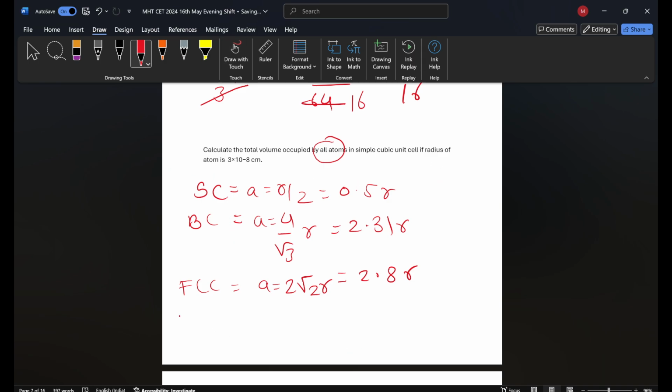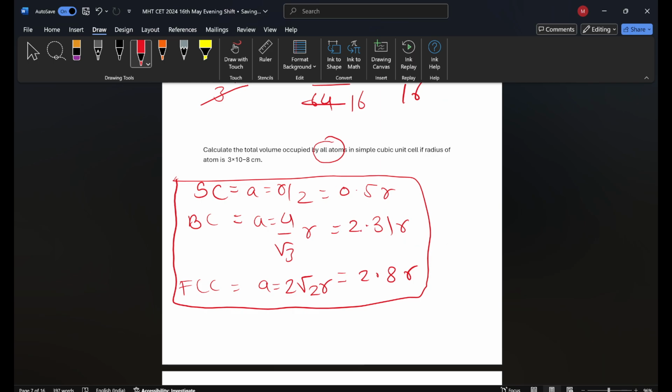I just made this and it helped me in many way. So I'll keep this here, I'll not erase it, so that you can remember it is 2.31 and it is 2.8. My handwriting is way too bad, I feel. Okay, so let's get back to the question.